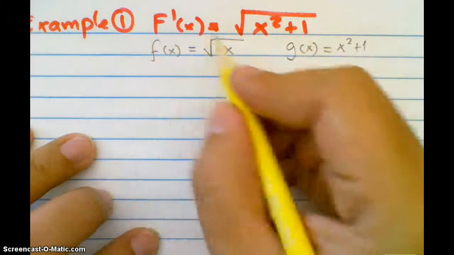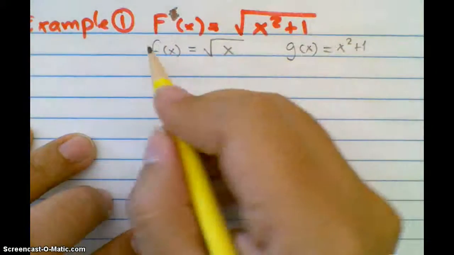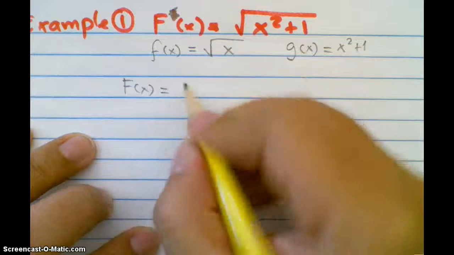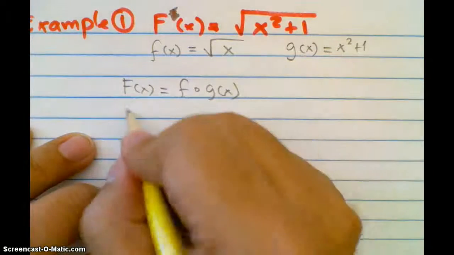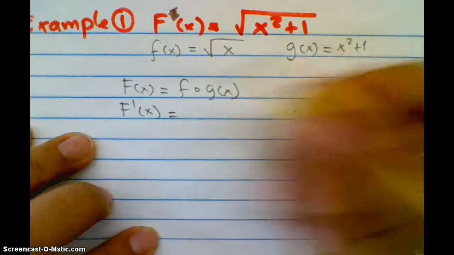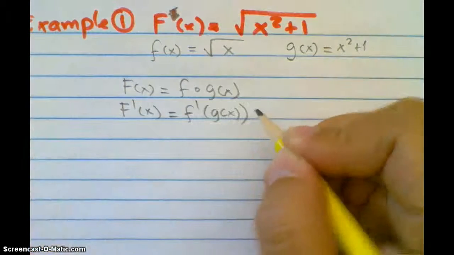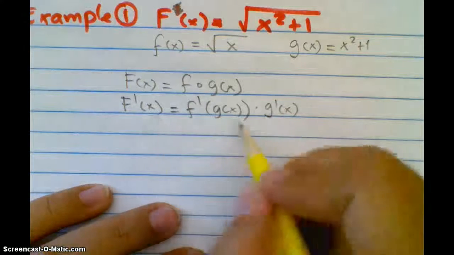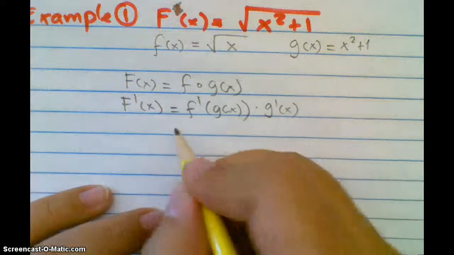Since I'm defining my function as the composition of f of g, the derivative of such a function will be given by the rule f prime of g of x times the derivative of the inside function, which is g prime of x.